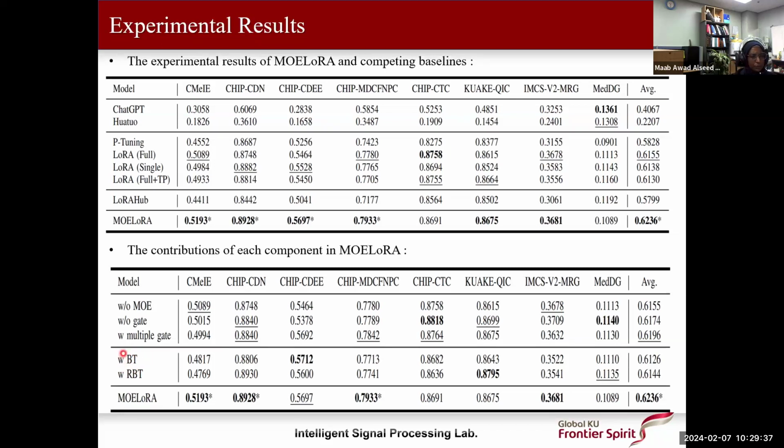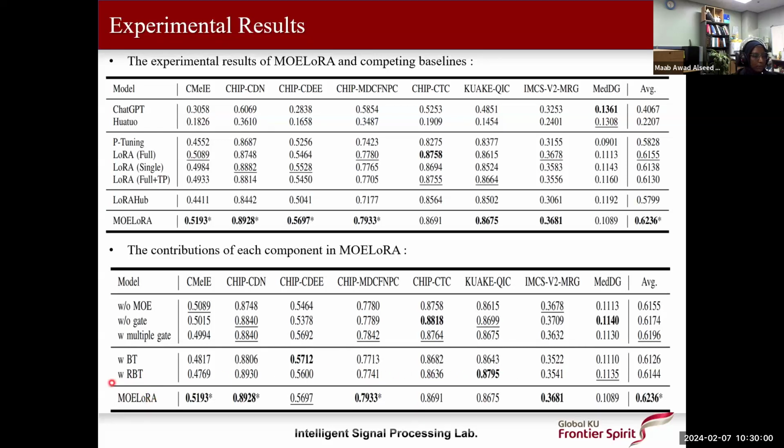So for the batch, first they try to use the same task samples in each batch, for example the named entity batch and so on, and train the model. And the second one, they try to use samples randomly from different tasks.